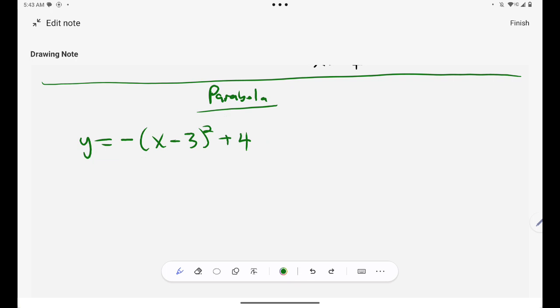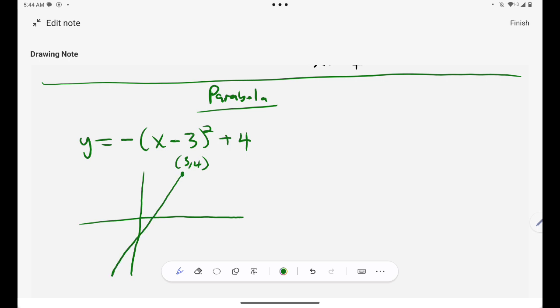Okay, I know that my graph will look like this. My turning point will be somewhere here at 3 and 4 together, and my y-intercept, whenever I put 0 in place of x, I'll have 9 multiplied by negative 1. So I'll have negative 9 plus 4, I'll have a negative 5.